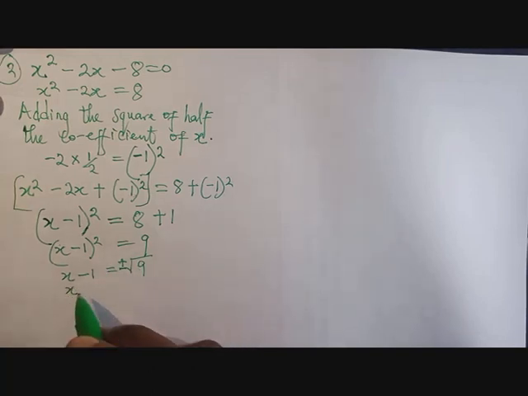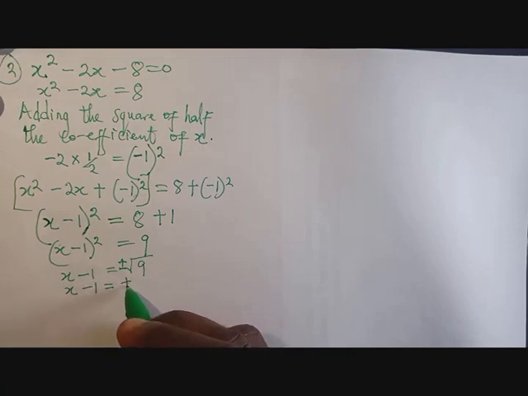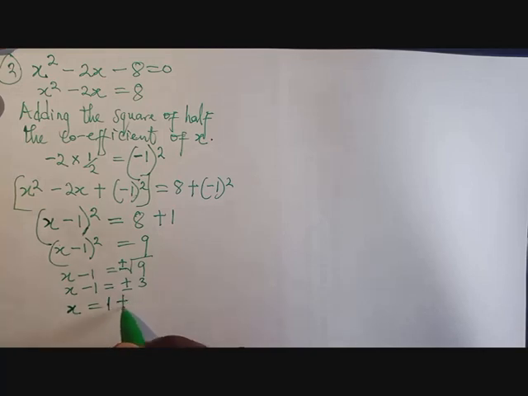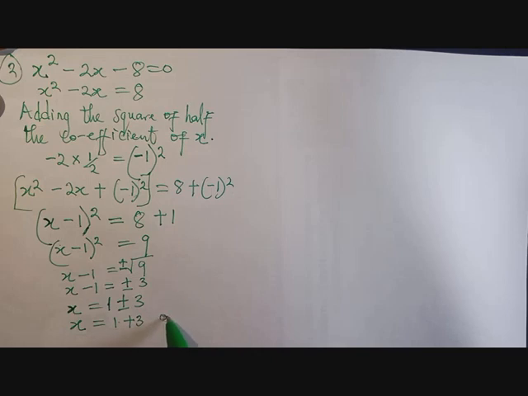So x minus 1 is therefore equal to plus or minus, the square root of 9 is 3. So x equals minus 1 crosses and it becomes plus 1 plus or minus 3. So x equals 1 plus 3 or 1 minus 3.